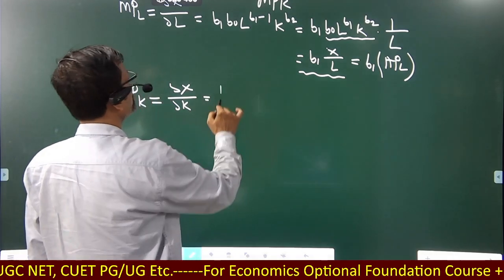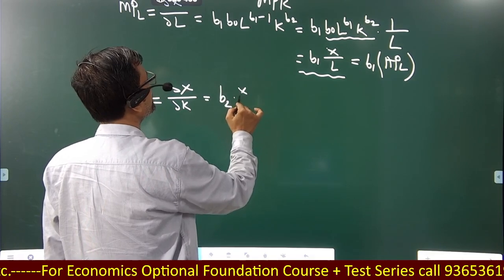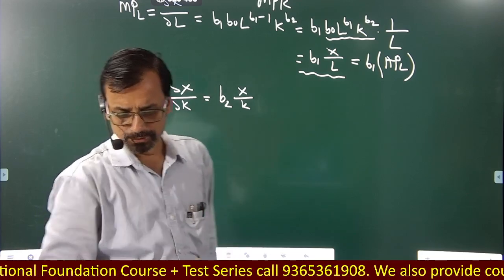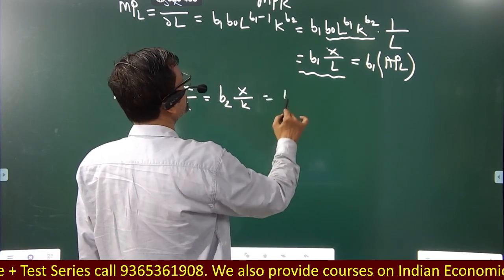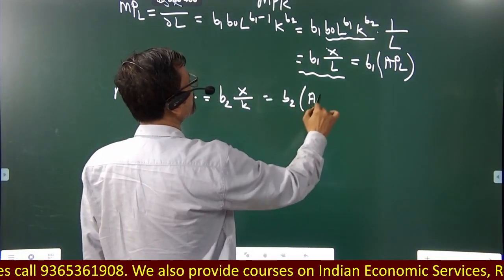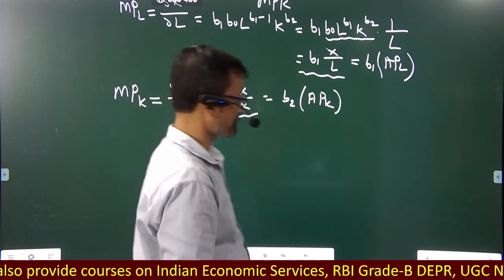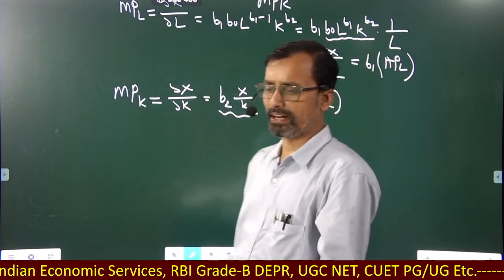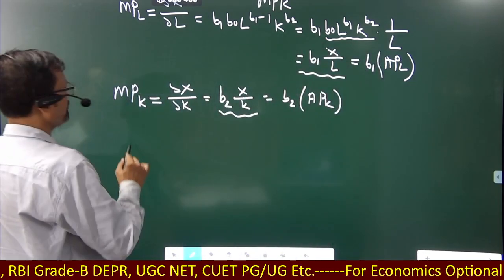Here we will get B2 x by K, that is B2 times the average product of capital, but we will use this expression. Now we are in a position to find the marginal rate of technical substitution of labor for capital.